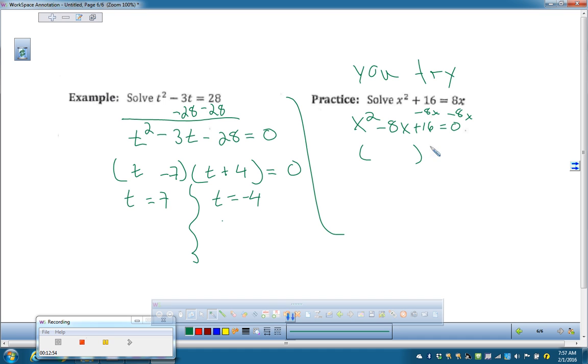You get x minus 4 times x minus 4, two numbers that add to -8 and multiply to 16, equals 0. And then you draw your line, and the only thing x can be is 4, okay? X equals 4. So you don't have to write it twice, just once is good. And that's how you do that one.